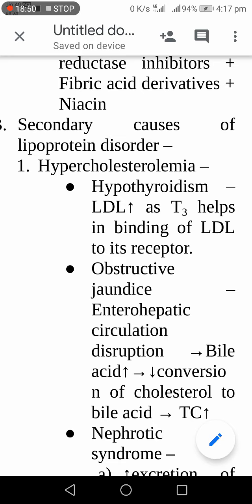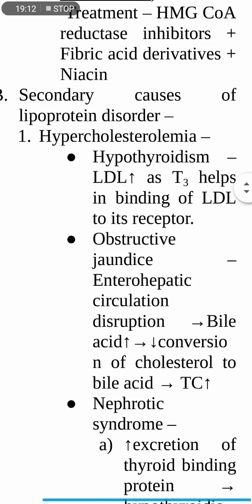Why does hypothyroidism cause hypercholesterolemia? As T3 helps in binding of LDL to its receptor at the liver level, in case of hypothyroidism, as the T3 level decreases, there is a decreased LDL uptake by the liver. So the LDL level will increase, that means cholesterol level will increase.